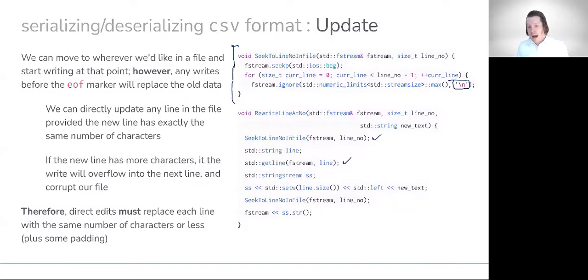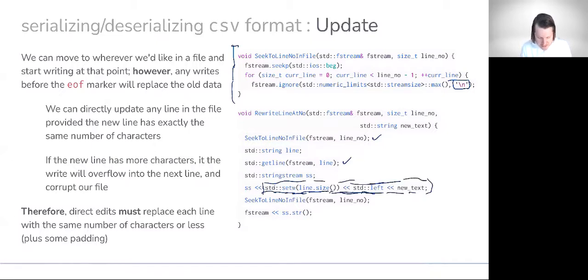Once I've read it, I can create a new line. I'm going to use a string stream and some IO manipulation to say that I want the string I derive from my string stream to be the exact same width as whatever was previously on that line, hence this line size right there. And then I just insert the new text into that string stream.